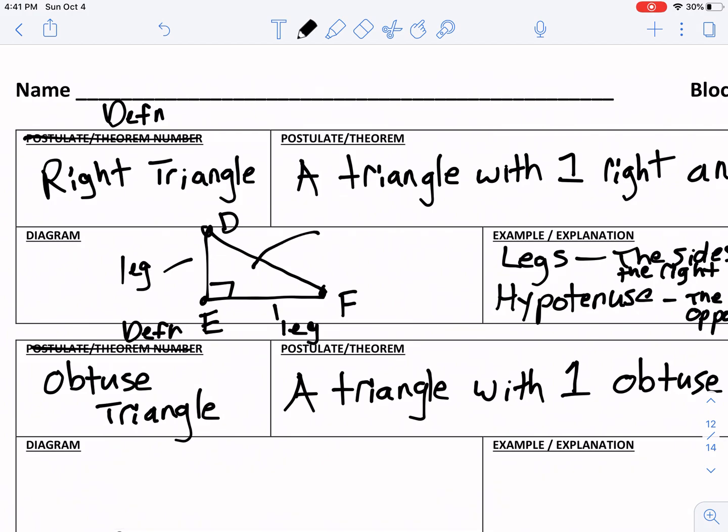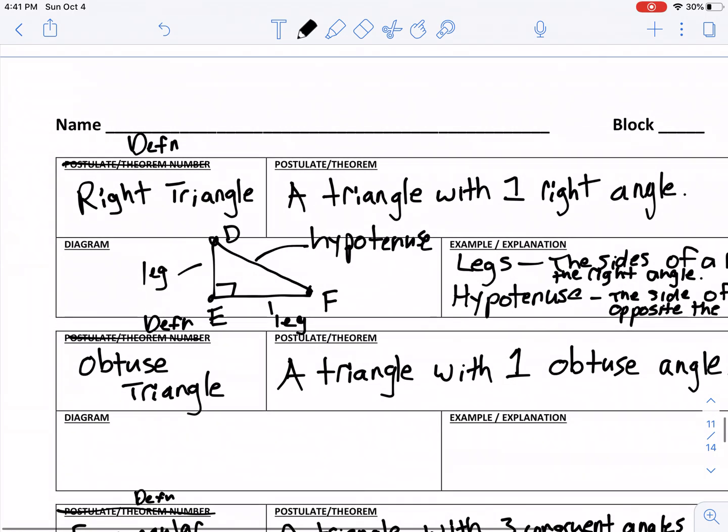This guy right here would be our hypotenuse. It's the side opposite the right angle. Now that helps us with the HL postulate that we talked about earlier, which said if the hypotenuse of two right triangles is the same, and a leg of the two right triangles is the same, then we could claim that those two triangles were congruent by the HL postulate.